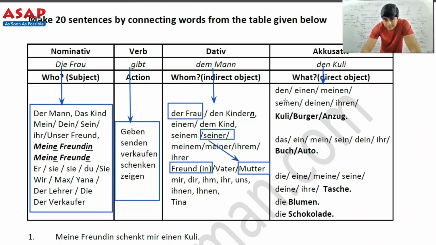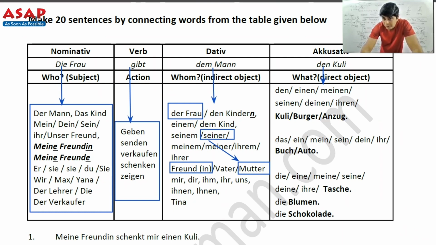Okay, so then it is for masculine. Then Kuli, you already know this combination. So einen you can say, meinen, seinen, deinen, ihren, Kuli, Burger, Anzug. Okay, it can be anything. Then next, das.